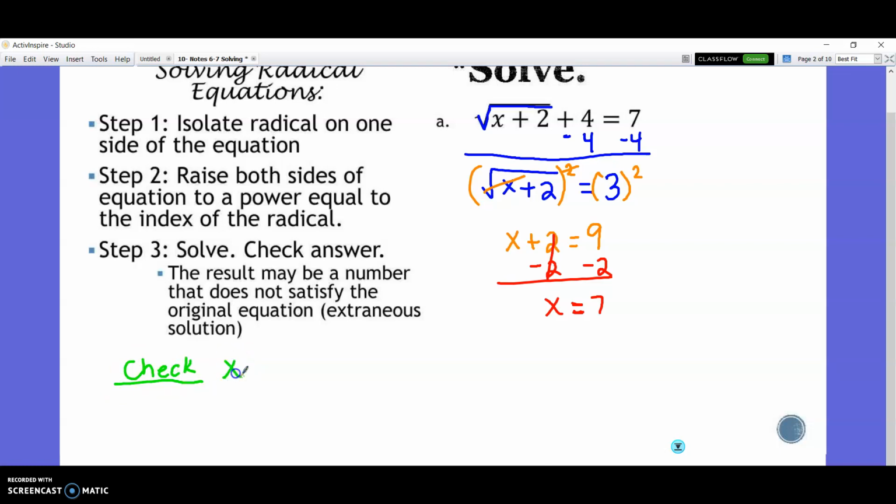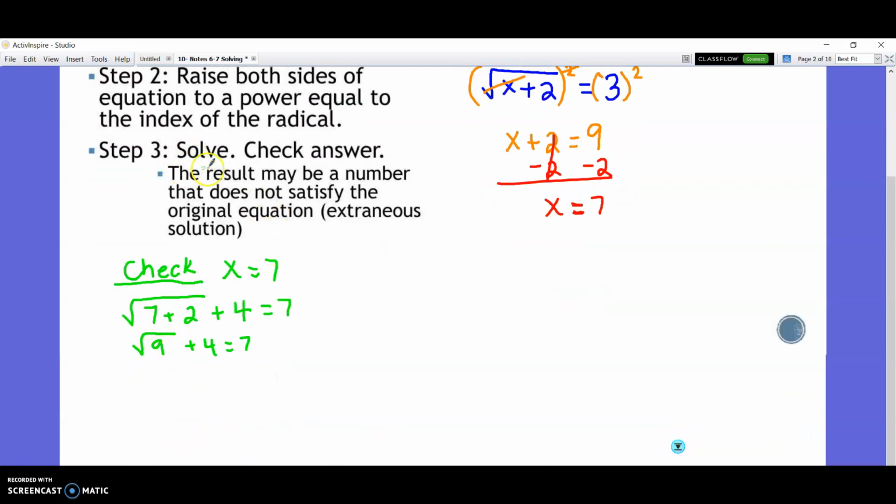So check. Does x equal 7 work in this case? If I took the square root of 7 plus 2, and then I added 4 to it, does that equal 7? So the square root of 7 plus 2 is really the square root of 9, plus 4 equals 7.